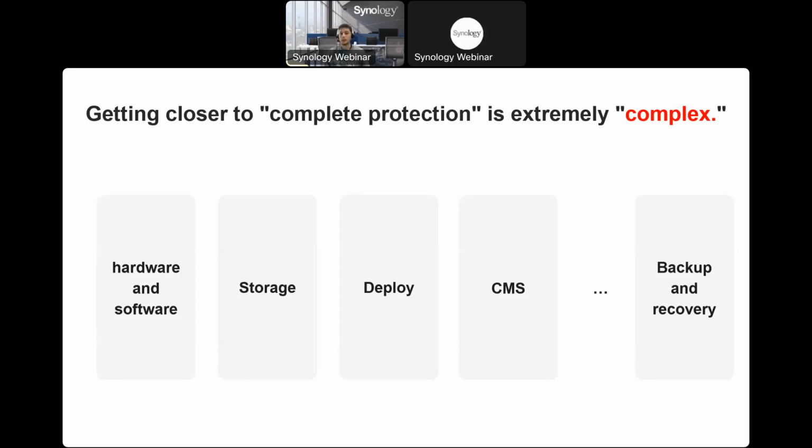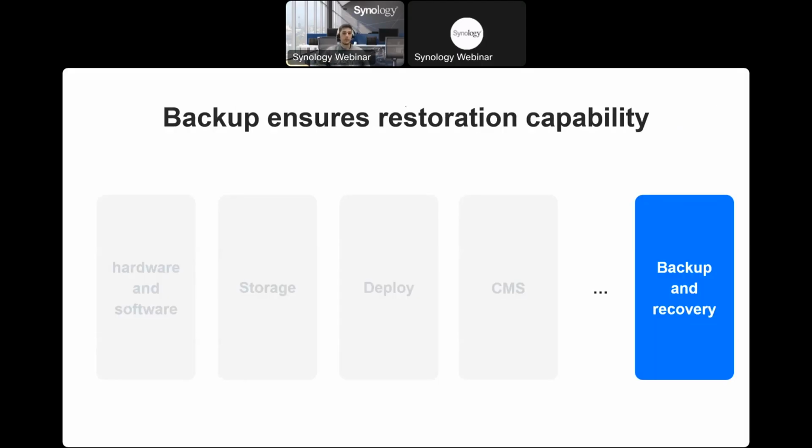Getting closer to complete protection is actually extremely complex. Traditional backup requires careful selection of software and hardware, along with setting up storage pools, volumes, and backup configurations. These processes are indeed crucial, but for IT environments, the key point of backup is data recoverability after an incident.